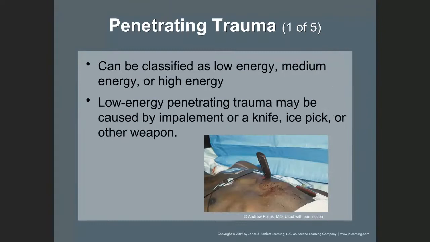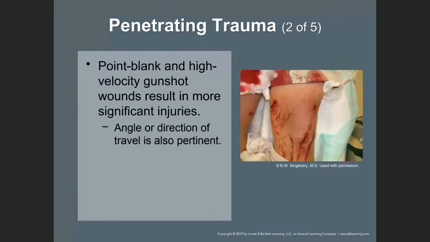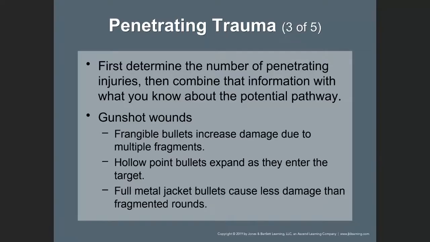Medium energy and high energy are associated with handguns, rifles, and shotguns. The angle or direction of travel is also pertinent. First, determine the number of penetrating injuries, then combine that information with what you know about the potential pathway.